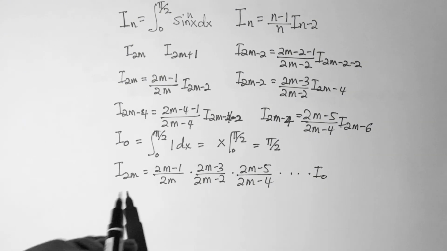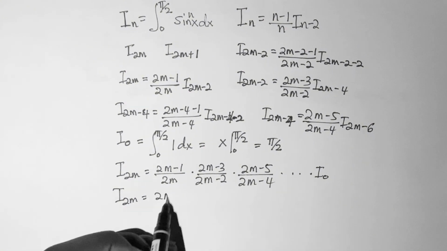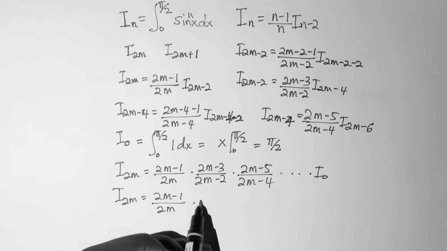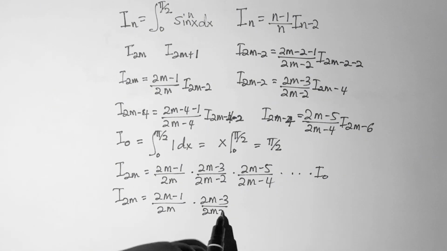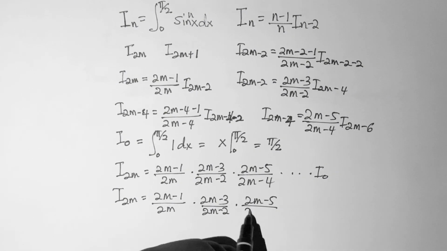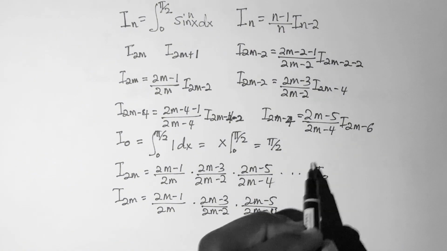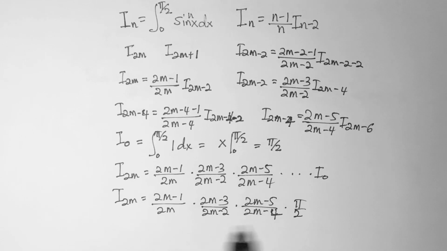So now you can see that I of 2m is equal to 2m minus 1 divided by 2m, then times 2m minus 3 divided by 2m minus 2, then times 2m minus 5 divided by 2m minus 4, then I of 0, which we found as pi on 2, so times pi on 2.